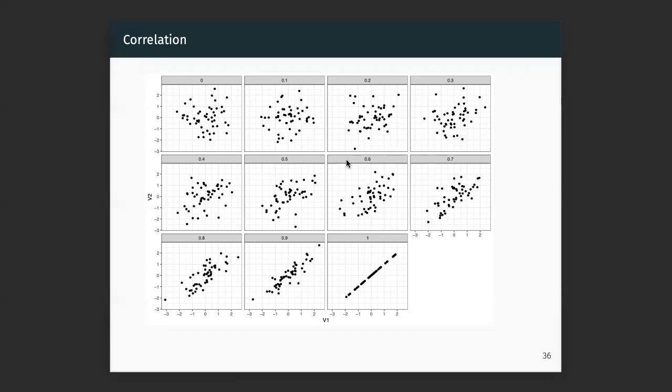As I move along x from -3 to +3, I see values of y that are equally dispersed at all values of x. The cloud of points around the horizontal line is about as wide at every single part of the x-axis. That cloud is similar in shape all the way across. That's evidence of no correlation when we look at a scatter plot.